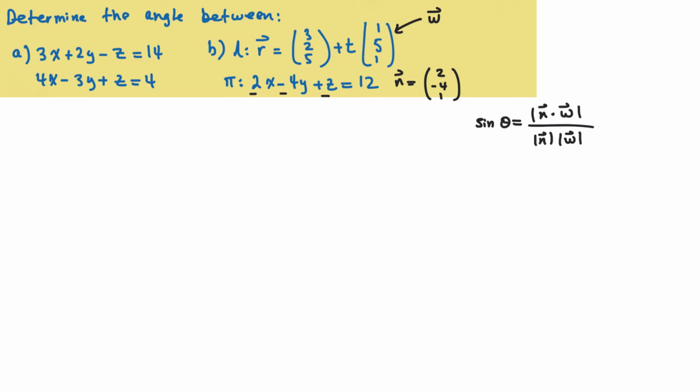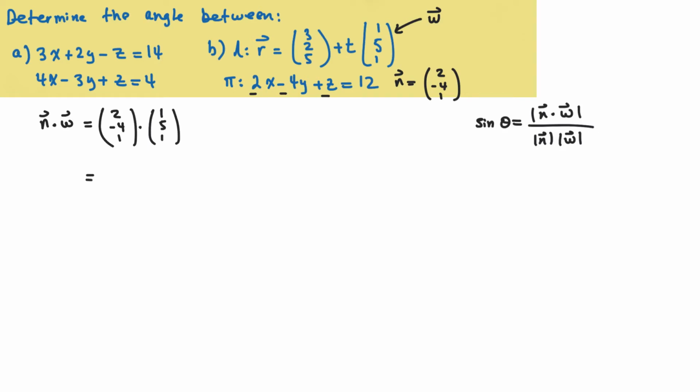Okay, let us do the dot product first. The dot product between the normal and the direction vector of the line is going to equal 2, -4, and 1 dotted with 1, 5, and 1.